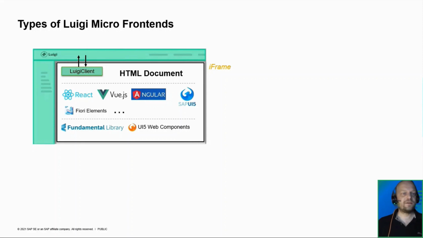That means your micro frontends can be just normal single page applications as you know them, written in any framework of choice. So what you do is you import the small Luigi client API, and then you can communicate with the main application.